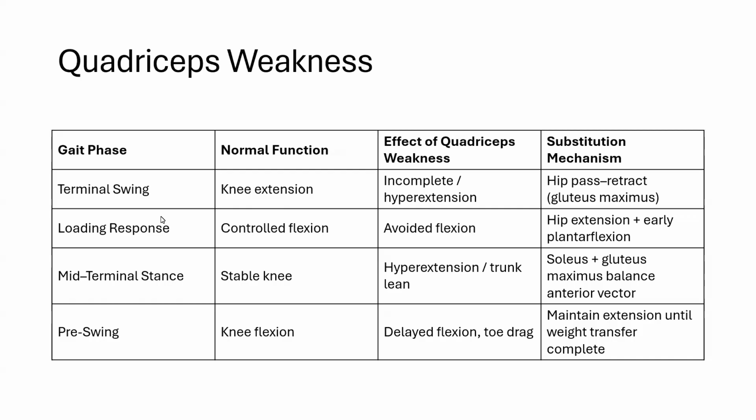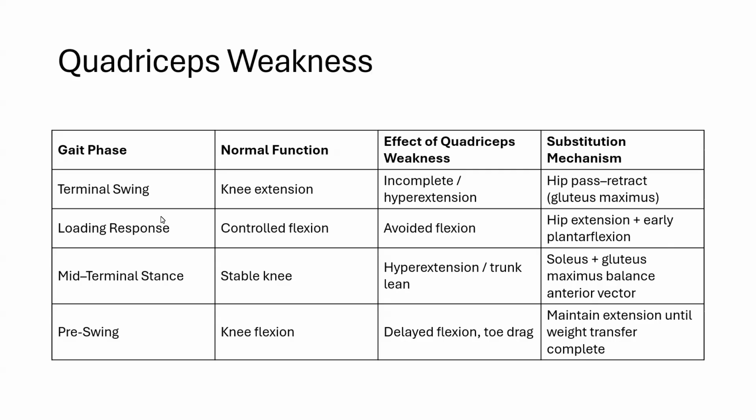So first is terminal swing. Again, going back to the gait cycle, once we understand what is happening in each joint and what the normal function is, it is easier for us to understand what will happen if there is any pathology like quadriceps weakness. In terminal swing, the position of the knee is extension before weight bearing, or initial contact, happens.